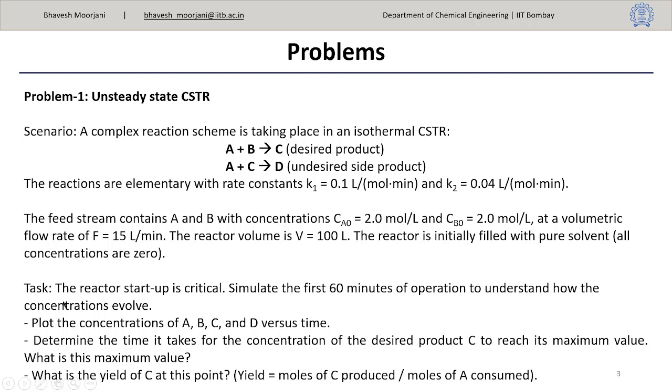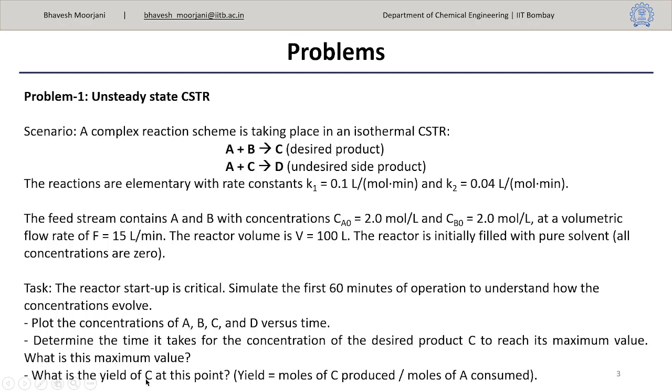Now the reactor startup is critical, so we have to simulate the first 60 minutes of operation to understand how the concentration evolves. We have been asked to plot the concentrations of A, B, C, D versus time, determine the time required for the concentration of the desired product, which is C, to reach its maximum value, and what that maximum value is.